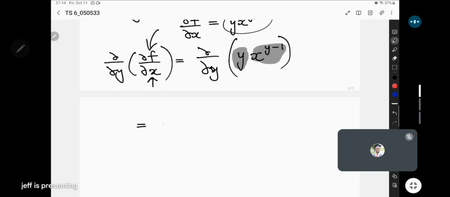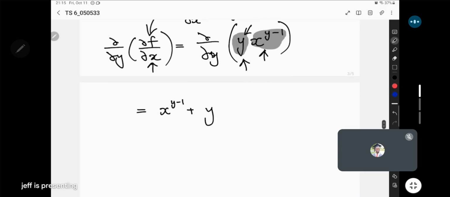You can start by keeping x to the power y minus 1, differentiate y, and the derivative of y with respect to y will be 1. So it will remain like this. Then plus, now we will keep y, and we have to differentiate this expression. Now that's where the trick is.